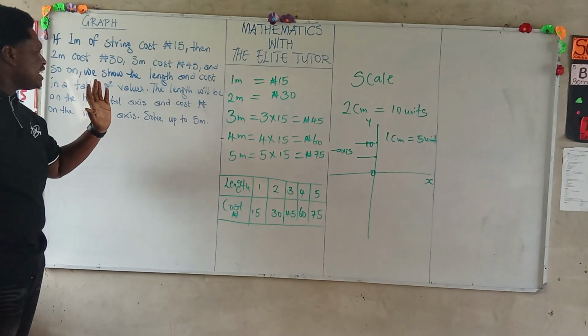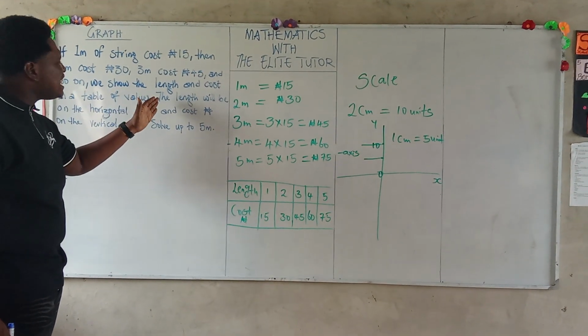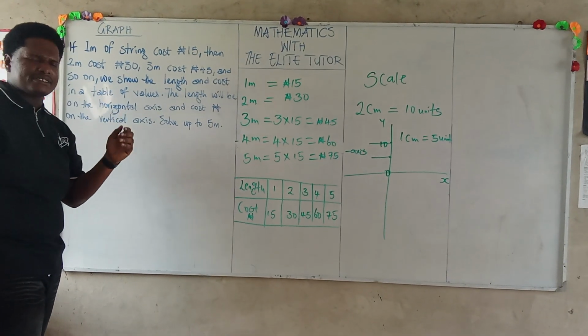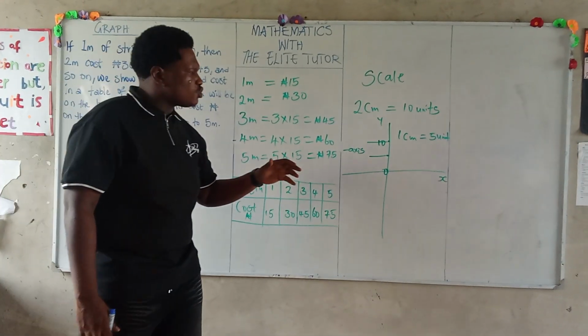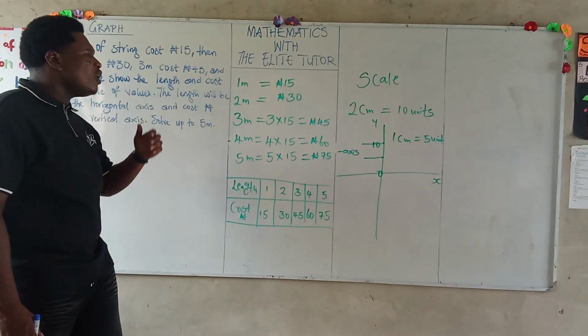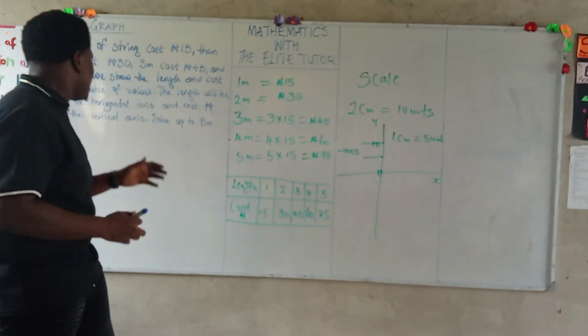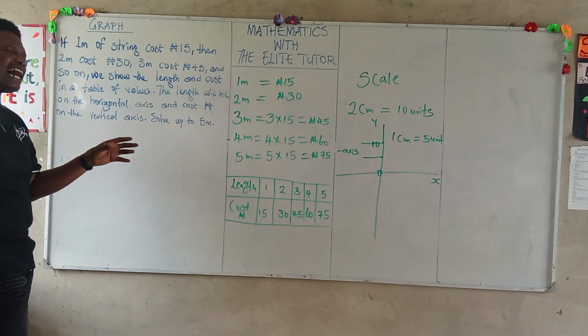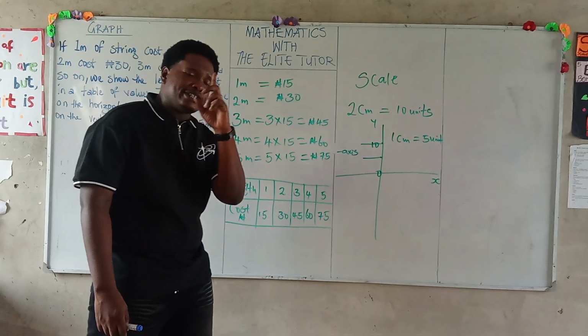Now, the question went further to tell us that the length will be on the horizontal axis, and the cost will be on the vertical axis. Please pay attention.